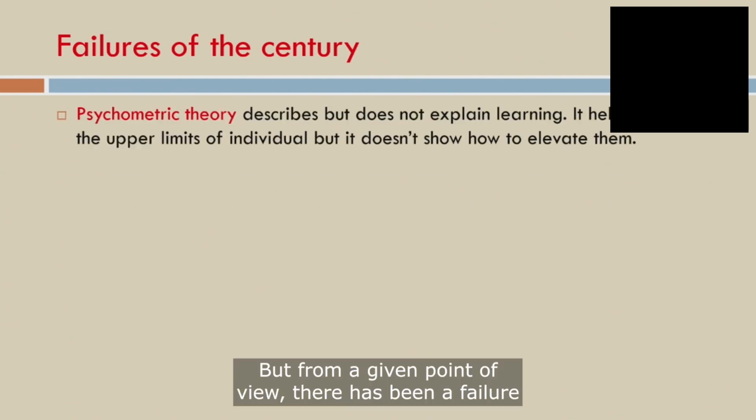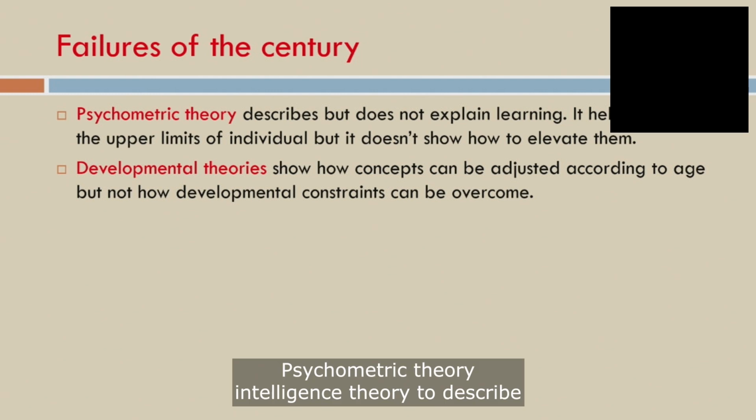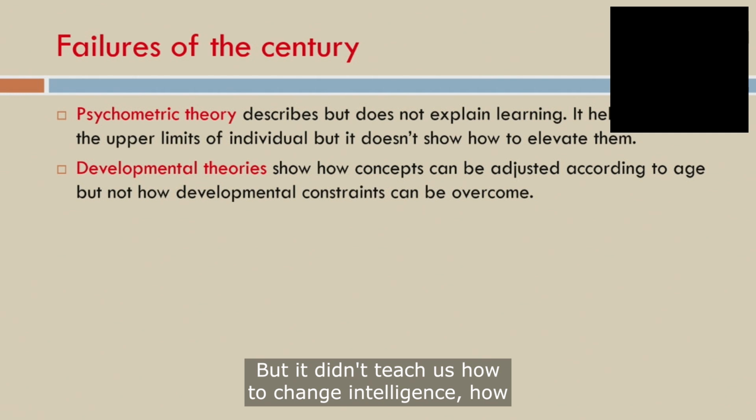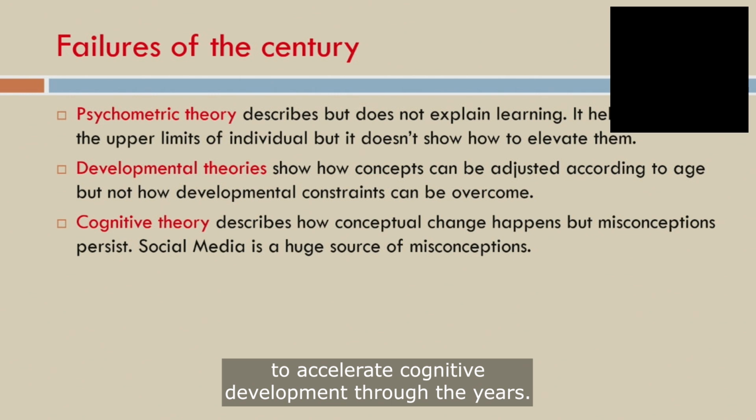But from a given point of view, there has been a failure through the 20th century. Psychometric theory, intelligence theories describe why people differ in learning, but it didn't teach us how to change intelligence, how to accelerate cognitive development through the years.